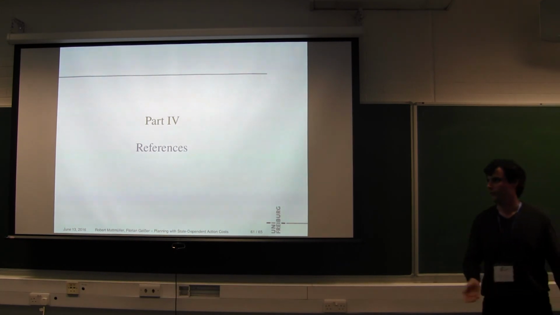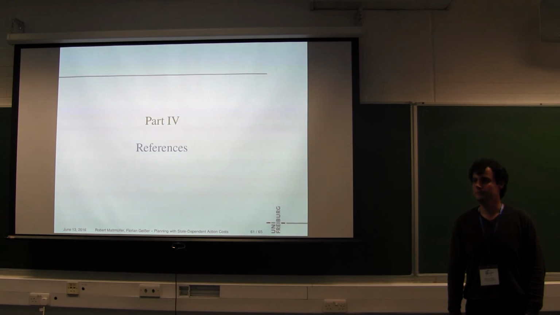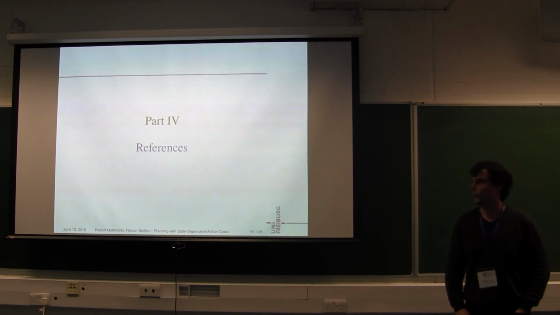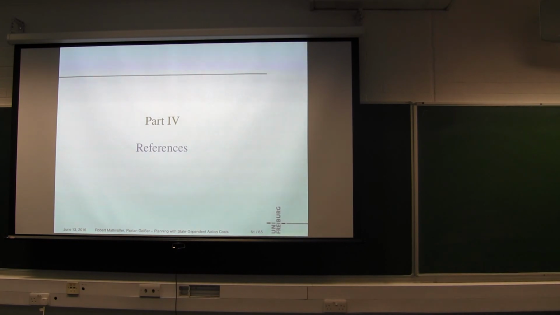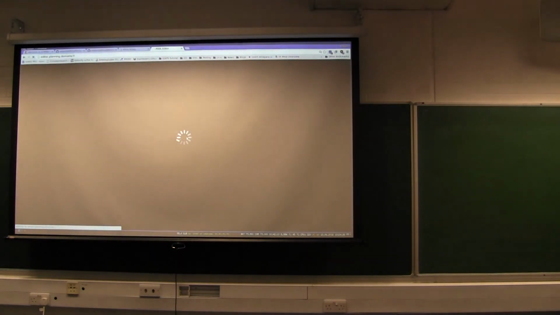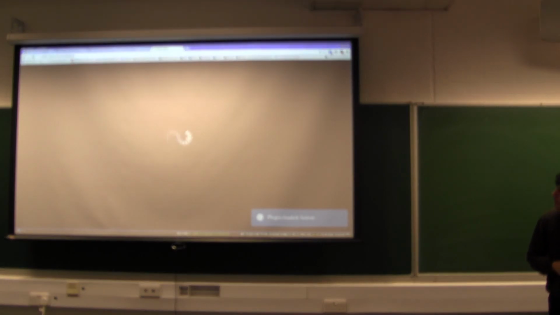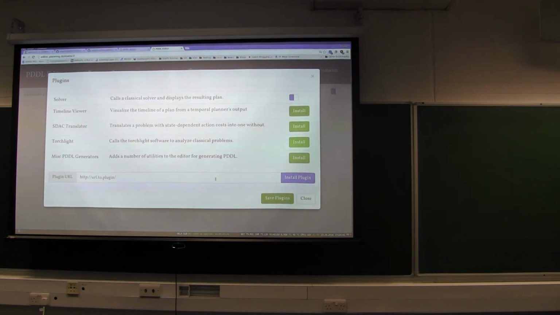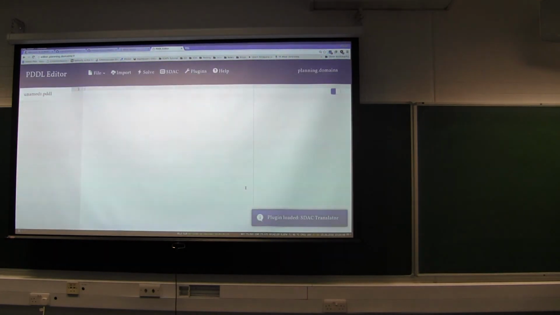If you have any questions, just ask them. Okay. So one thing I want to say, because I have 2 more minutes: for this editor, Christian has done much more work, and you have these plugins. And actually, you can now install our compiler here. The compiler should work, I think.